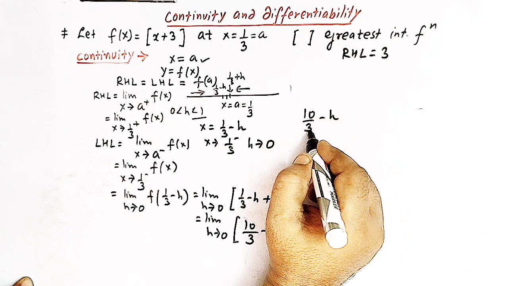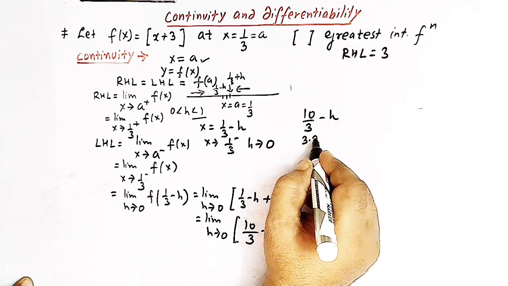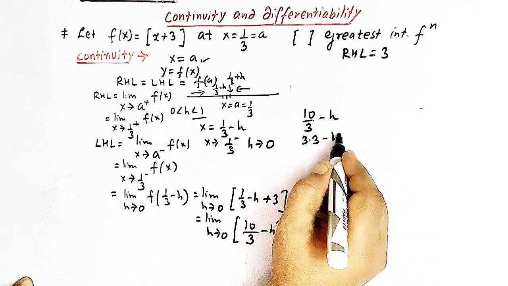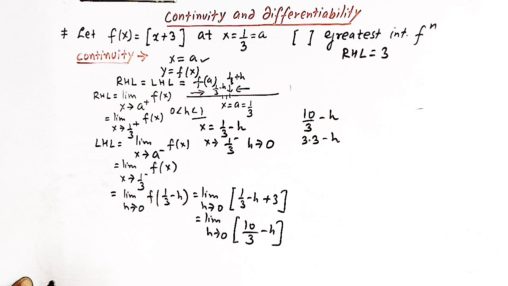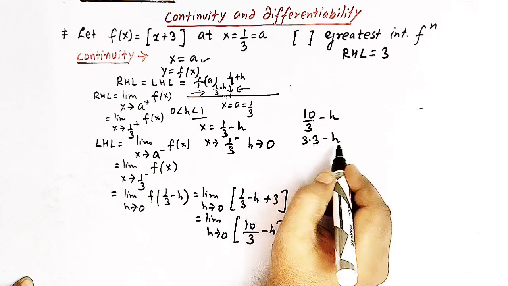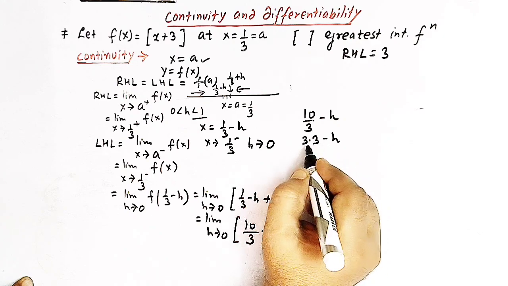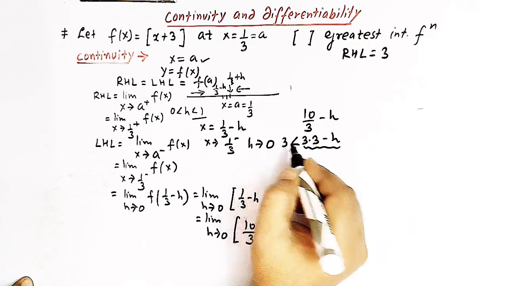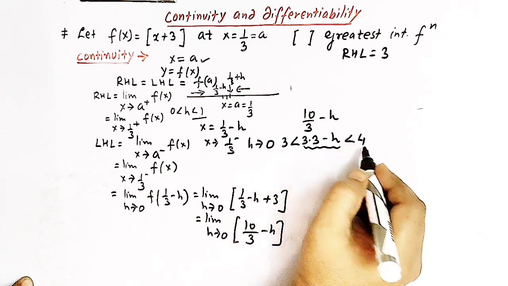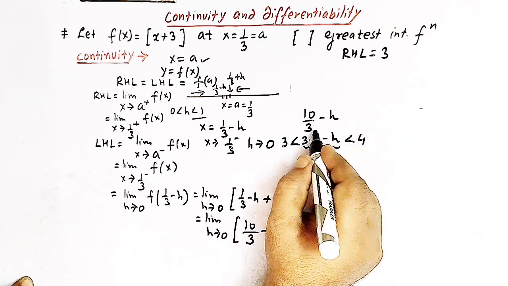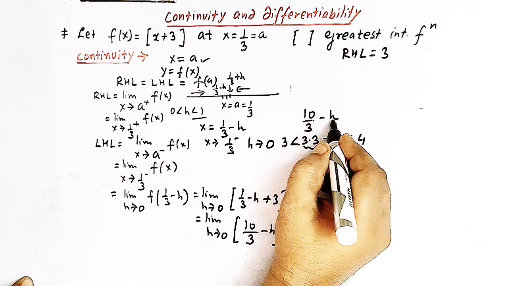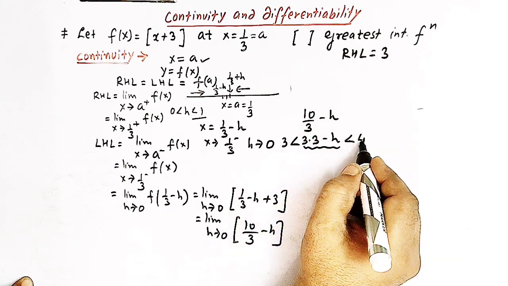Now 10 over 3 is approximately 3.3, and here we have minus h. So h is again infinitesimally very small. So when we subtract h from 3.3, then this number is again greater than 3, but it is less than 4, right? So 3.3 minus h, or 10 over 3 minus h, it lies between 3 and 4.